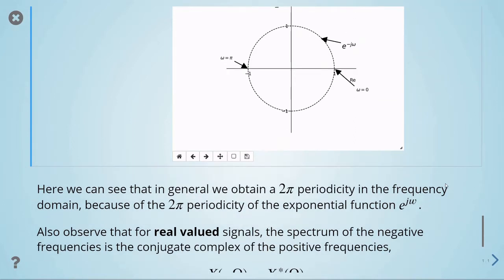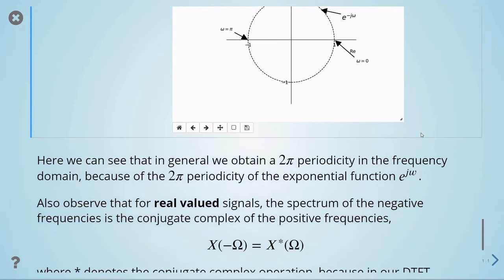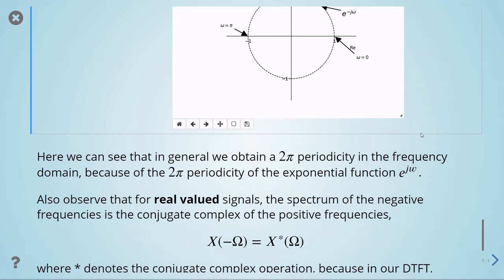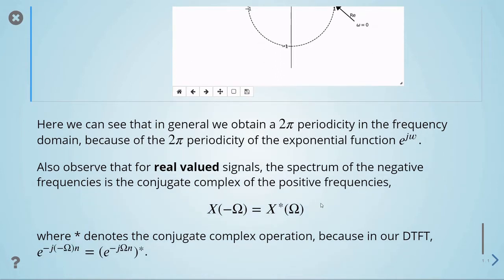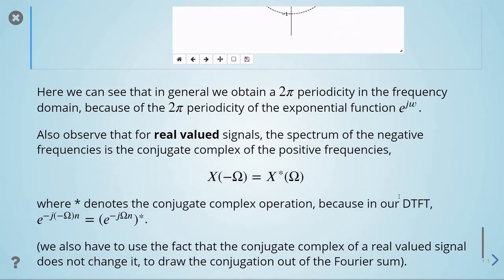We also observe that for a real valued signal, the spectrum of the negative frequency is the complex conjugate of the positive frequency. This is also a very important property for real valued signals, and here this star denotes the complex conjugate operation, because in our DTFT, we have e to the power of minus j minus omega n, which is equal to the complex conjugate of e to the power minus j capital omega n.